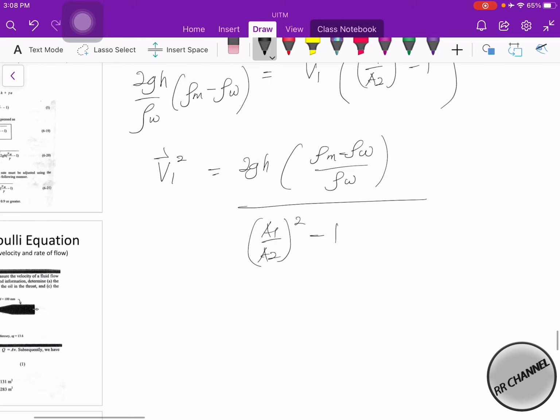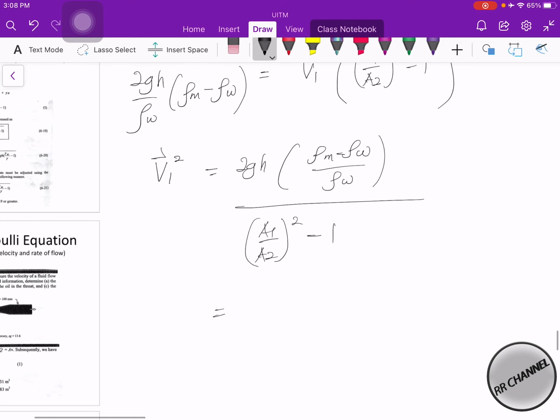We can simplify more: equal to 2g h times rho mercury over rho water minus 1.